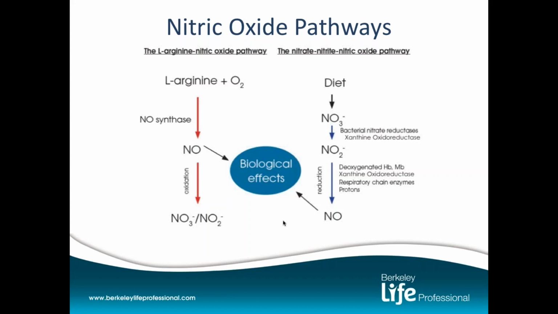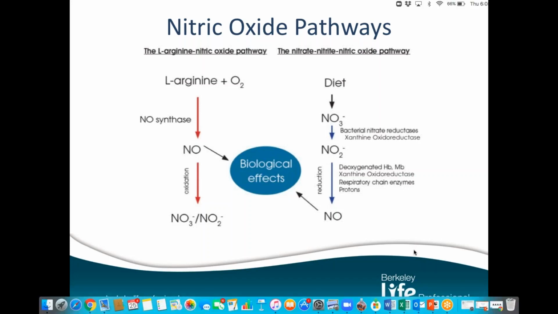Some of the nitrite is further reduced to nitric oxide in the stomach. Most of the nitrites get absorbed, travel around to different places in our body, and we have different nitrite reductases that will further reduce the nitrite to nitric oxide on an as-needed basis. Even our muscles have myoglobin, which has a nitrite reductase to increase the nitric oxide when you're exercising.